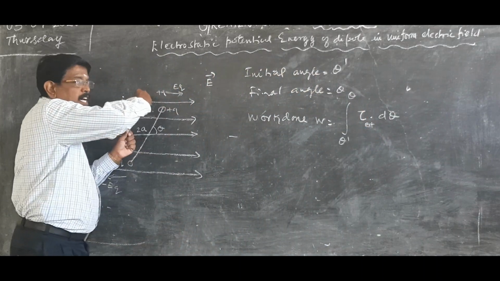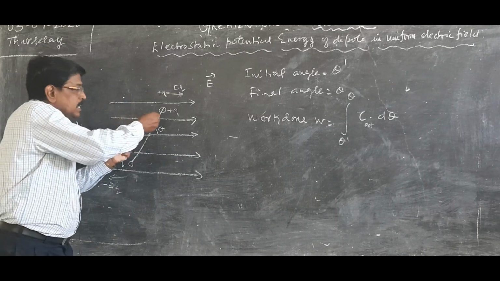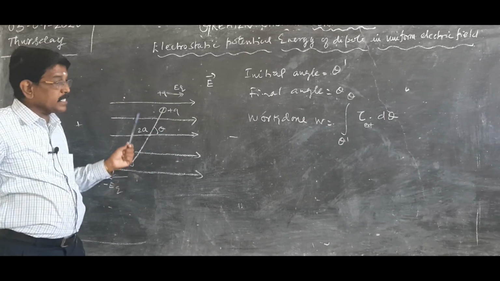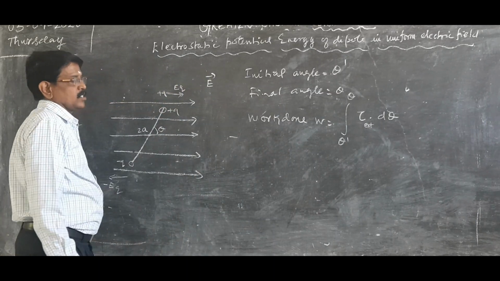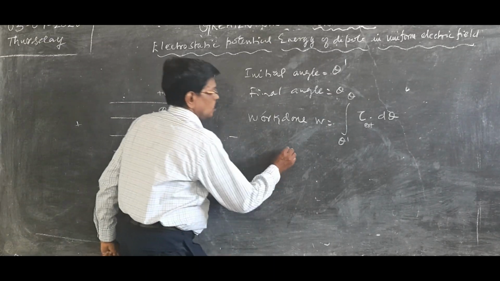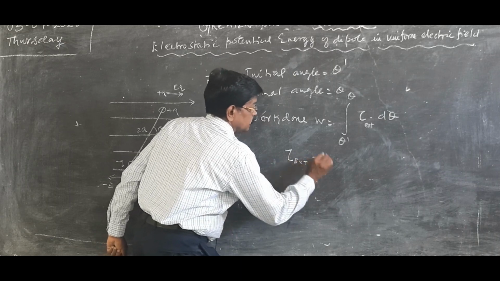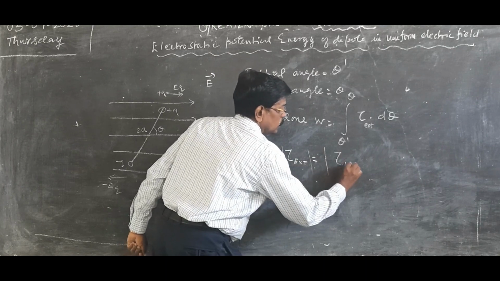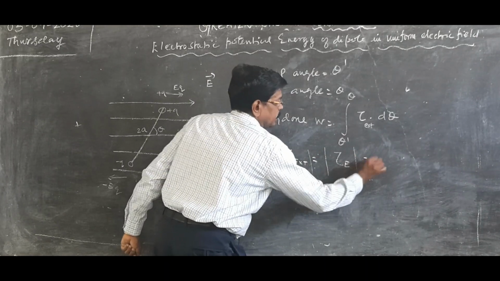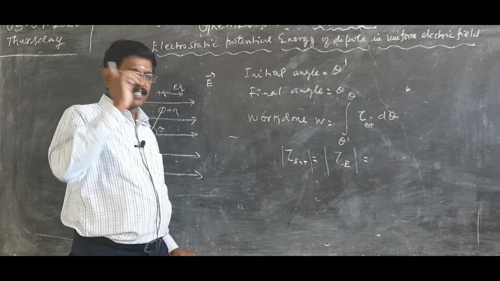One torque is given by the electric field, that is the torque due to the electric field. Now I am turning in the opposite direction, that is called the external torque, the work done against the electric field. If you find the magnitude, it is equal to the torque due to the electric field. Both magnitudes are the same, only the direction differs.